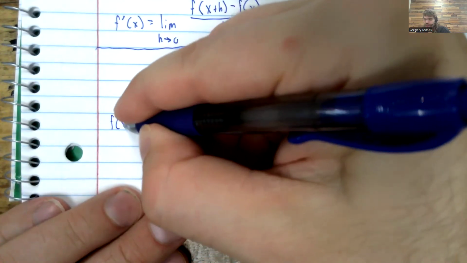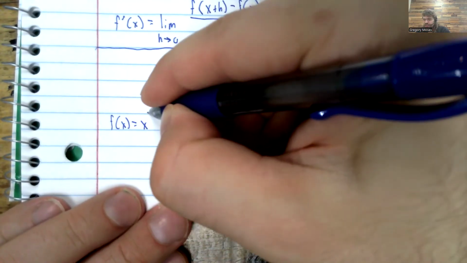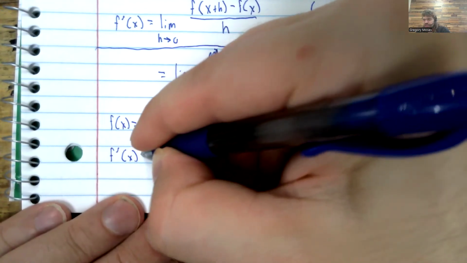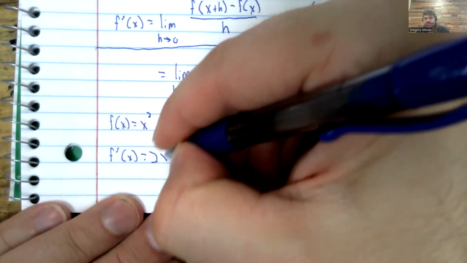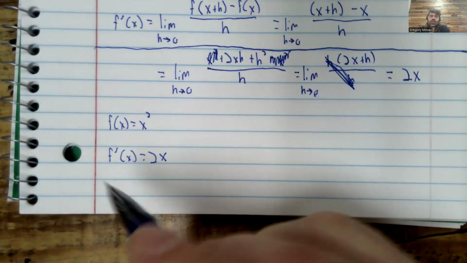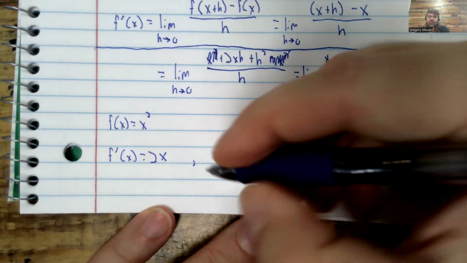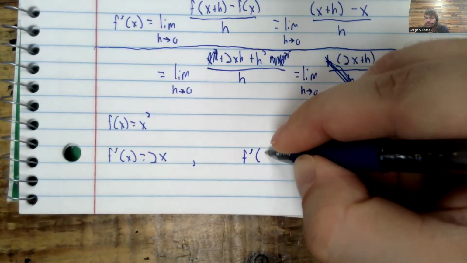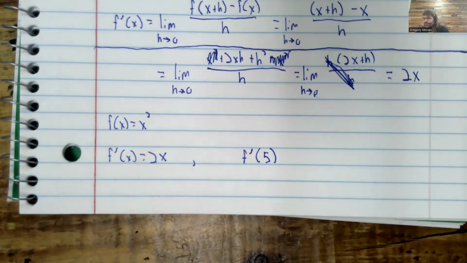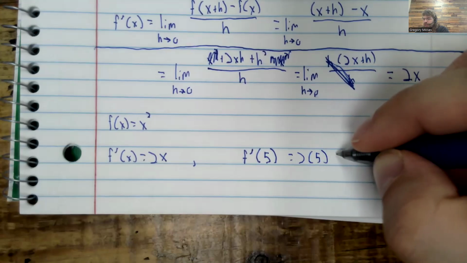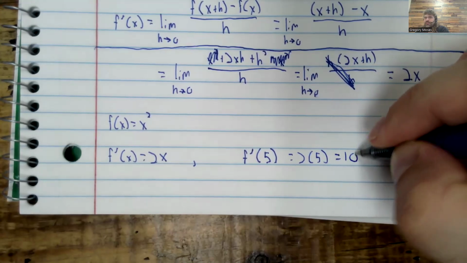So we had f of x equals x squared. f prime of x equals 2x. And f prime of x is a function. If we want to know f prime of 5, well, it's 2 times 5 or 10.